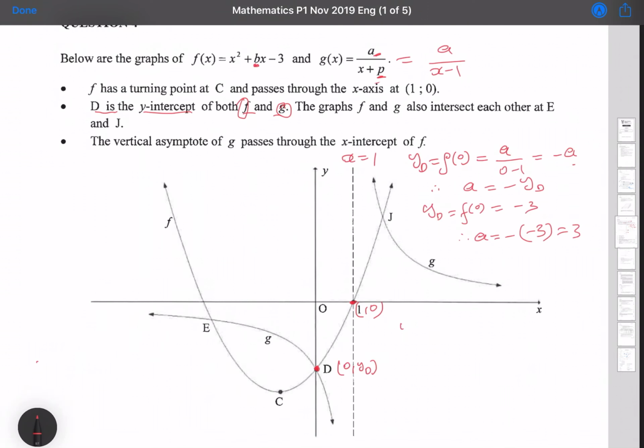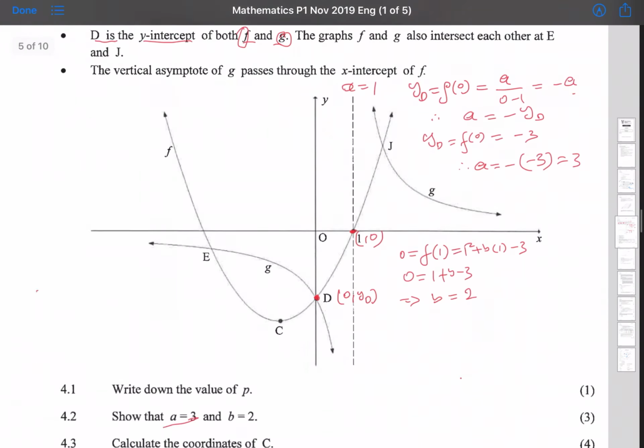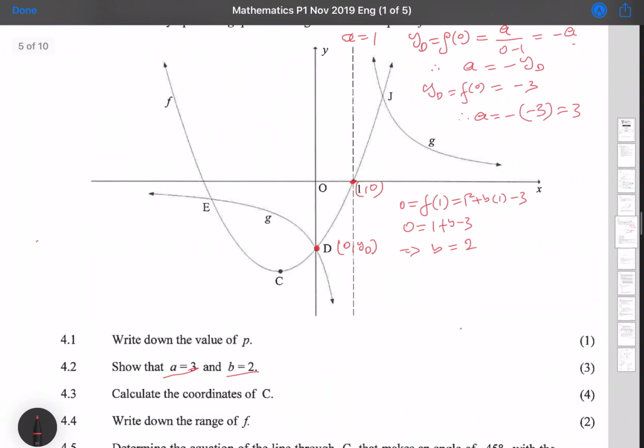So 0 is equal to f of 1 is equal to 1 squared plus b times 1 minus 3. 0 is equal to 1 plus b minus 3. This means that if you solve for b, it will be equal to positive 2. So that's your answer here. That's it. Thank you.